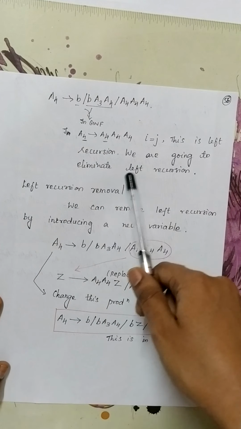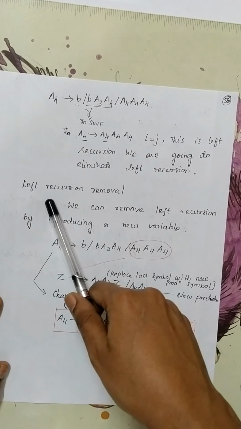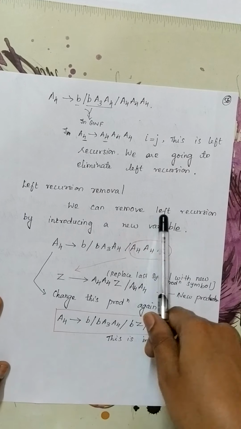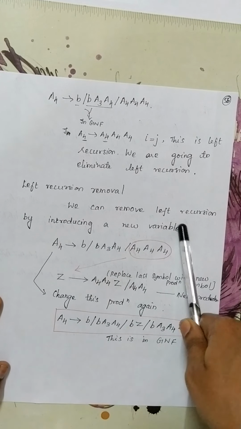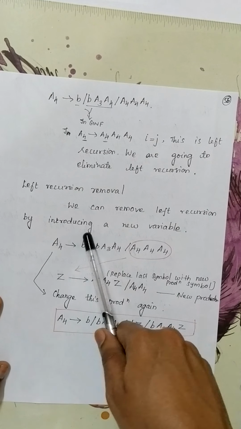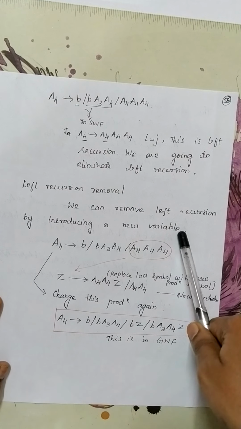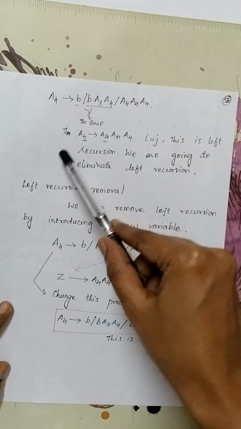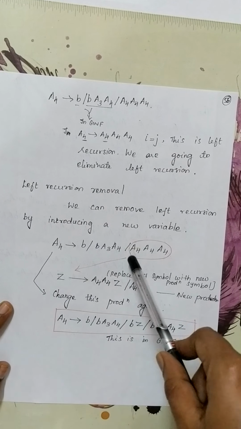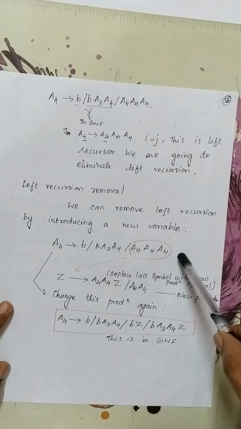How can we remove the left recursion? We can remove left recursion by introducing a new variable. We write the production as such: A4 gives B, or B, A3, A4, or A4, A4, A4.